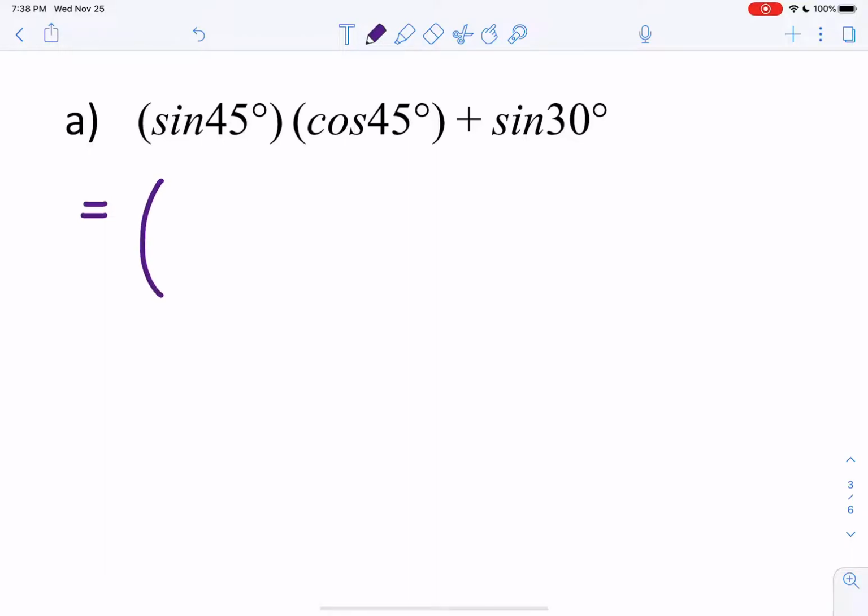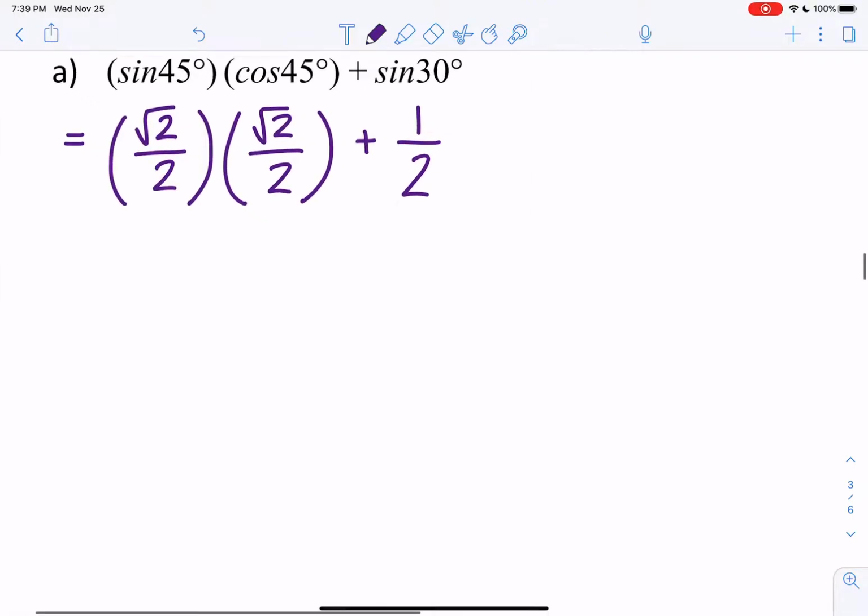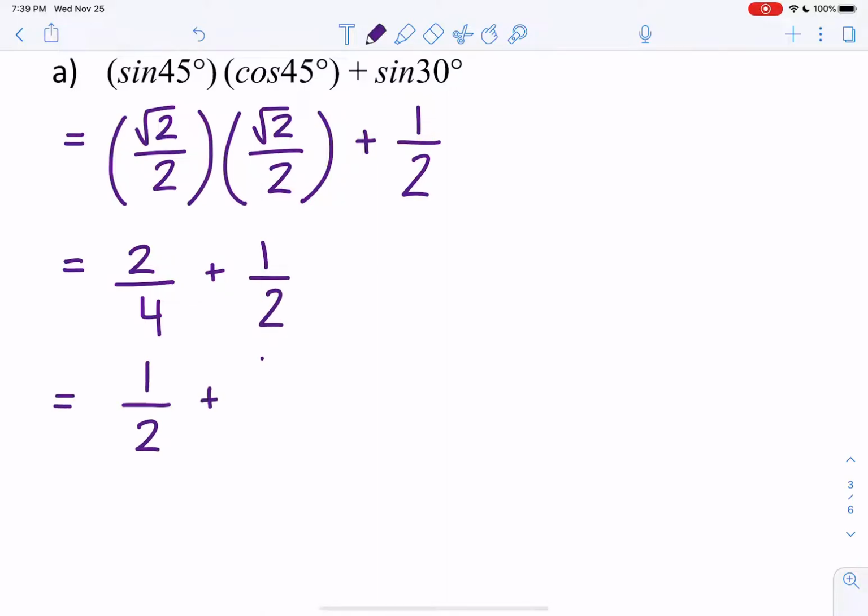So we'll have root 2 over 2, root 2 over 2, plus sine 30 is equal to a half. And now I'm just going to simplify that. So we'll have 2 over 4 plus 1/2, and we can simplify that fraction. 1/2 plus 1/2 equals 1. So using my exact values, I could find that that equals 1.